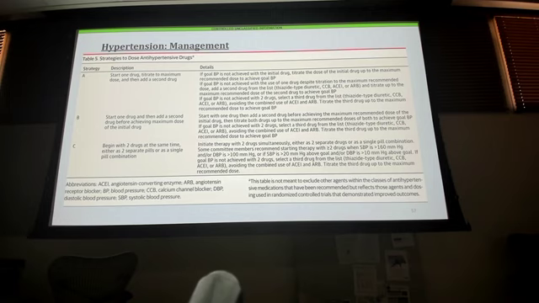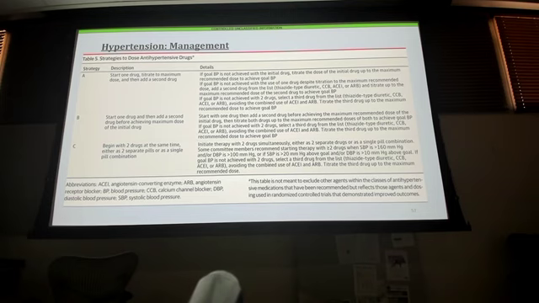The next way is start them on one agent, titrate the dosage up to max tolerated dose of that agent, and then add a second agent if necessary. The third way is start them on one, see if they tolerate, but don't titrate the dose necessarily. Start them on the second agent, and then slowly titrate both agents up until they're at goal. Okay.